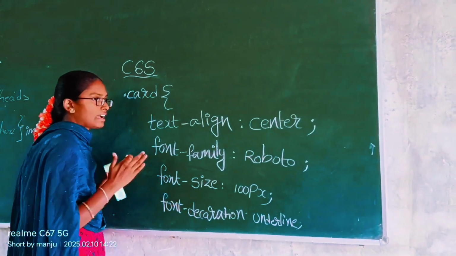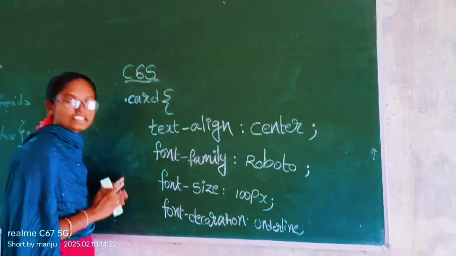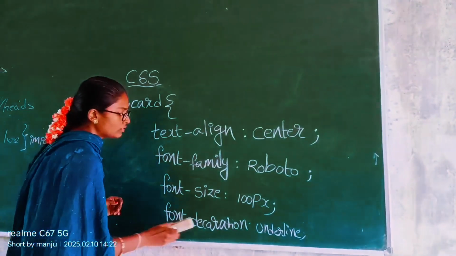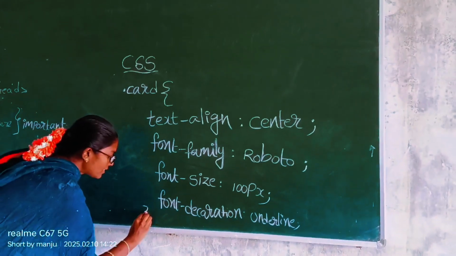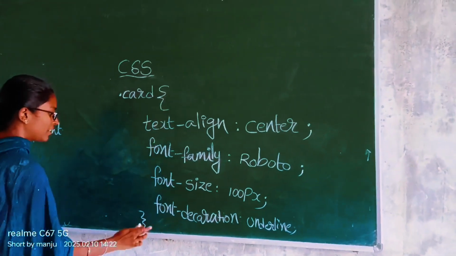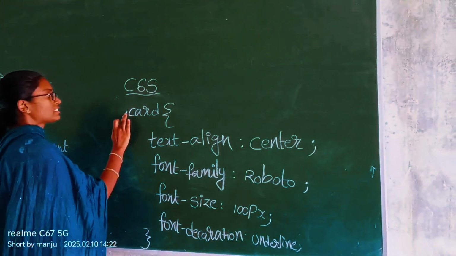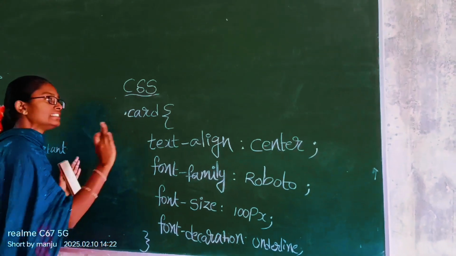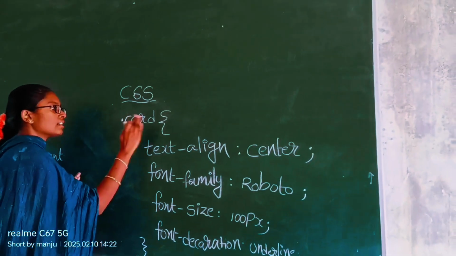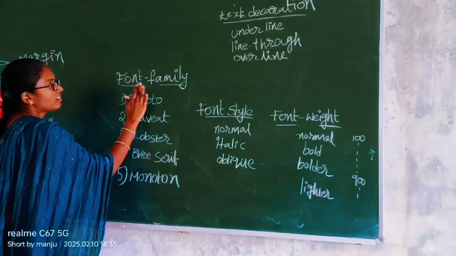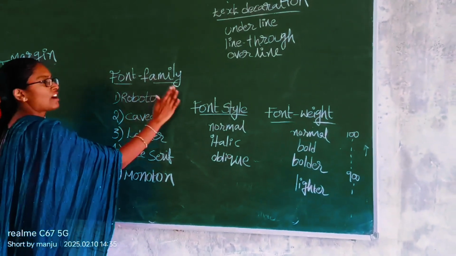These will be the lines inserted into our text by using this text decoration property. But ending with this curly brace is very important. Having this dot is also highly important. Dot, and then we insert the class name.